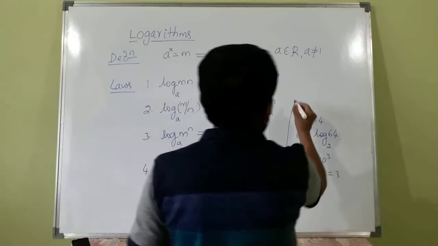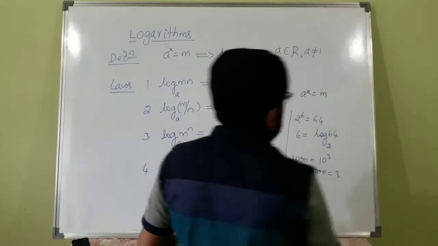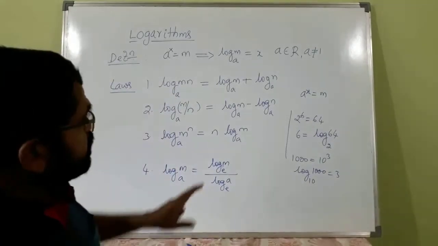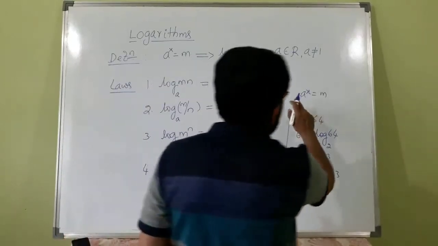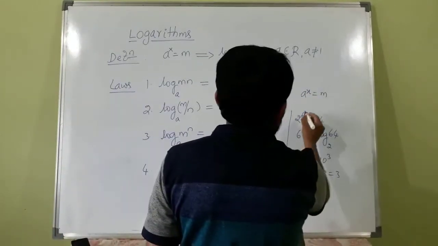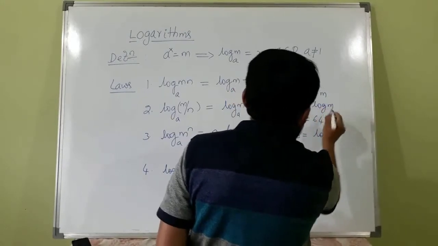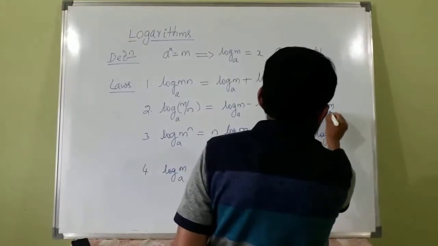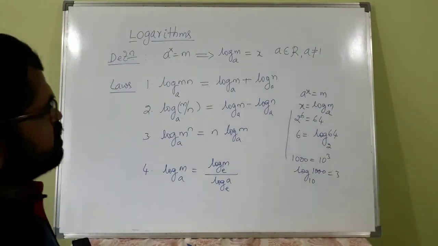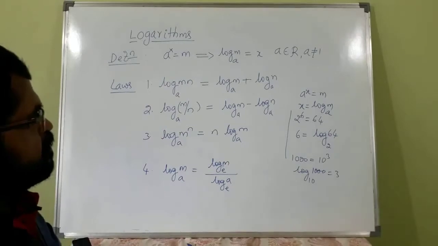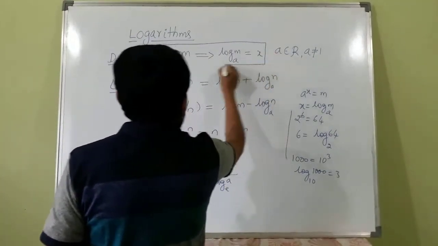Similarly, generally, if a raised to x is equal to m, where a is any real number and it should not be equal to 1, then x is log of m to the base a. This is the definition of logarithm.